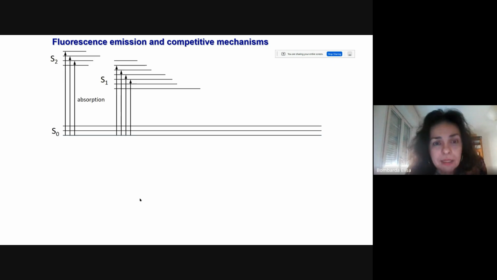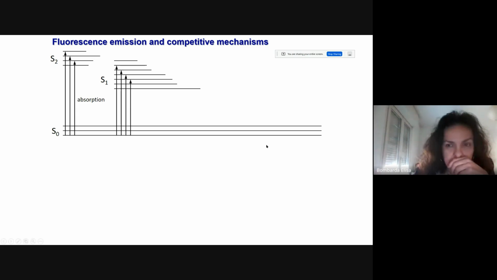Okay, finally, let's go to the mechanism of fluorescence. Here I draw a schematic, the Jablonski diagram, which is the basis, the backbone with which we understand the phenomenon of fluorescence. What I draw is the ground state S0 and two singlet excited states.